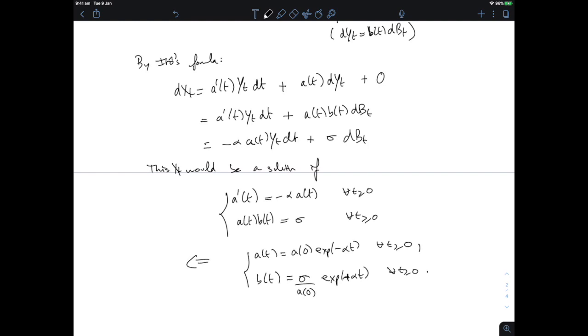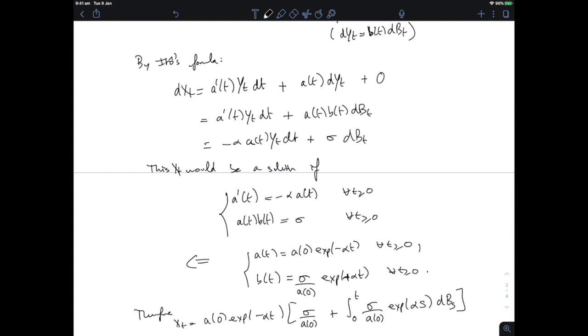Okay, so it tells me that the following process, xt equals a of t, so a naught exponential minus alpha t, times my y of t, so anything of the form b naught, but b naught will have to be sigma divided by a of 0, plus an integral from 0 to t of sigma divided by a of 0 times exponential alpha s dBs.